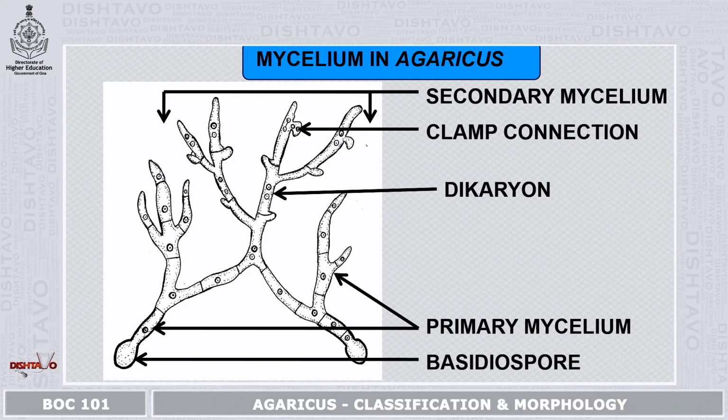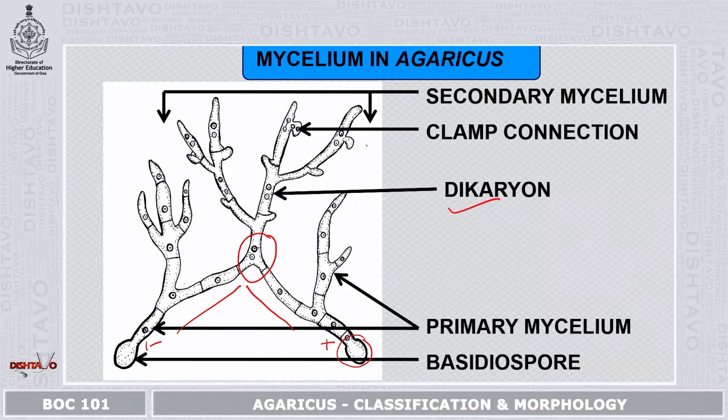This is how, students, you have the basidiospore here. One will be of a plus strain, one will be of a negative strain. Now, this mycelium is primary mycelium, students. It is short-lived, you can see. And here, when it fuses, it results in the formation of a dikaryon.